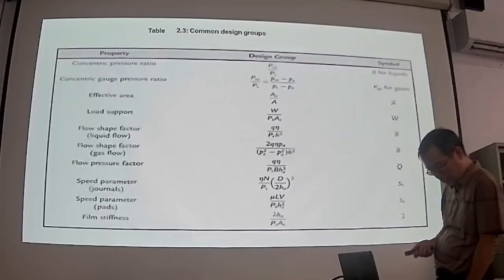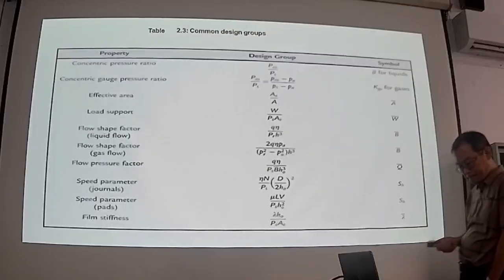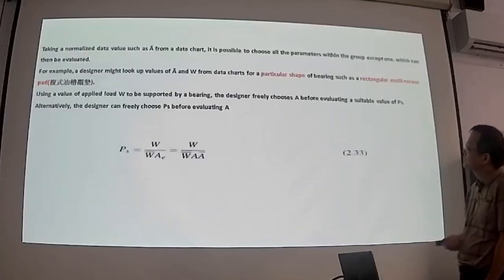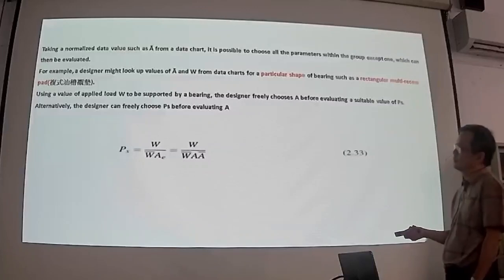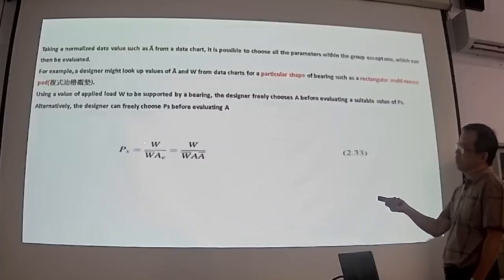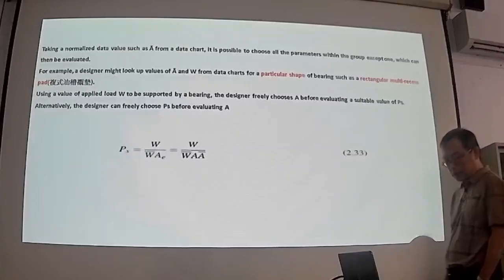Okay. So the applied pressure. So this is the load capacity equal to PA multiplied by A multiplied by the normalized flow capacity E. Okay.